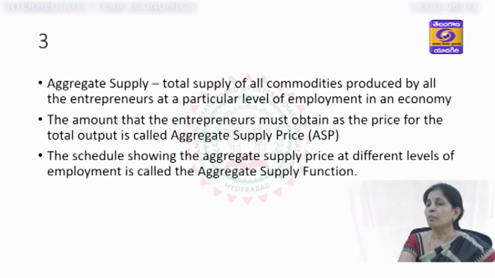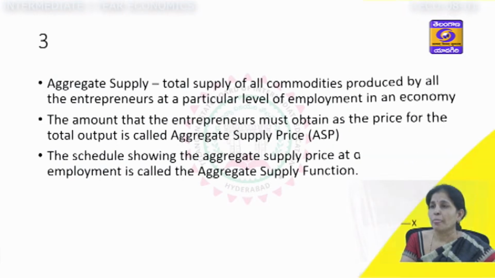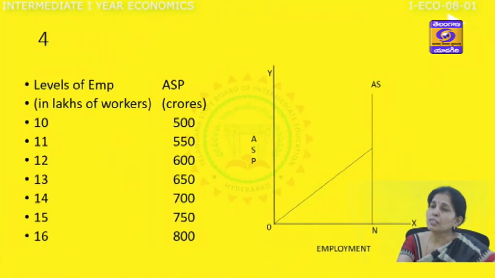So we say it is the amount that the entrepreneurs must obtain as the price for the output they are supplying in an economy. A table that shows the aggregate supply price at various levels of employment is called the aggregate supply function. This is again shown with the help of a graph, with levels of employment measured in lakhs of workers and aggregate supply price measured in crores.